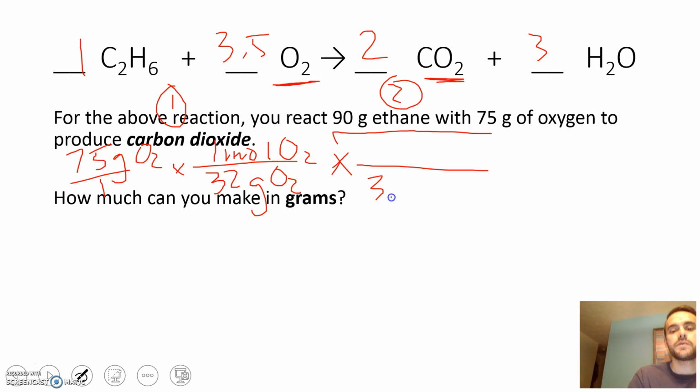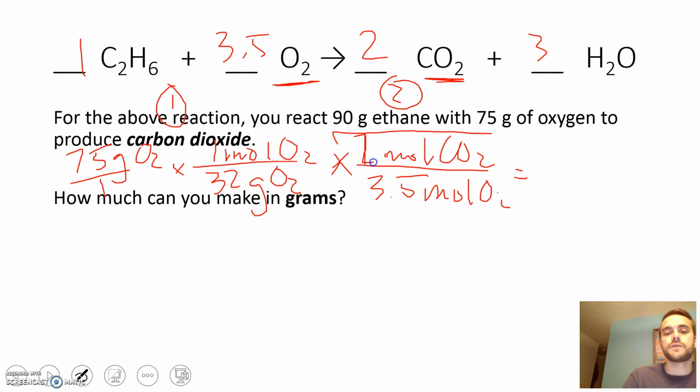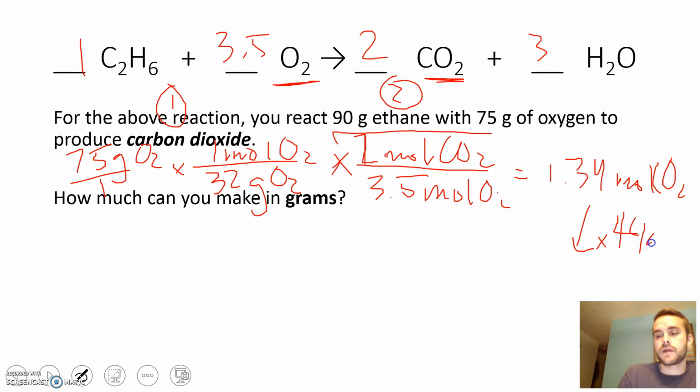It is 3.5 mole of O2 for every 1 mole of CO2, or for every 2 moles of CO2, excuse me. When you multiply that out, it gives you 1.34 mole of CO2. Okay. From that point forward, we can multiply by 44 grams per 1 mole.